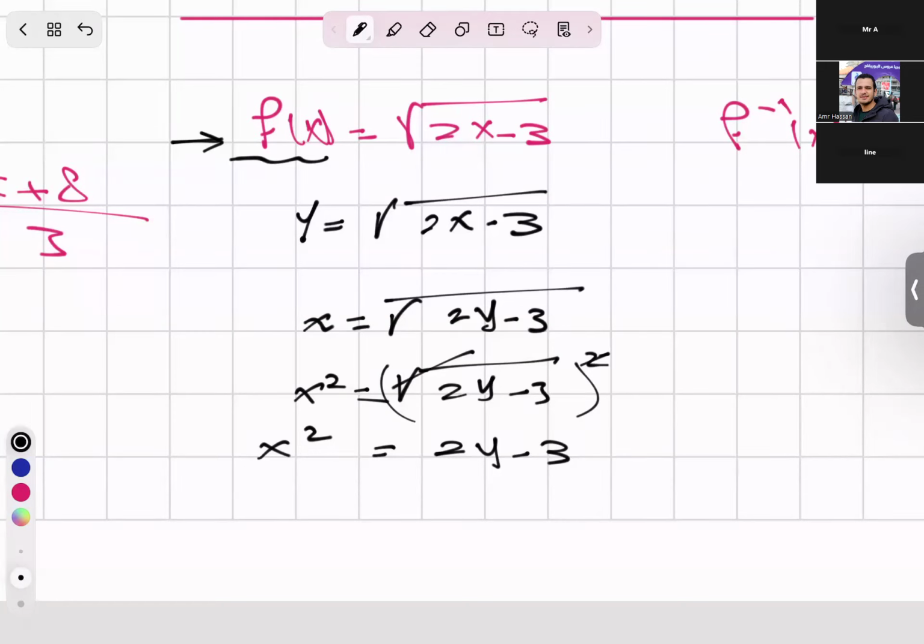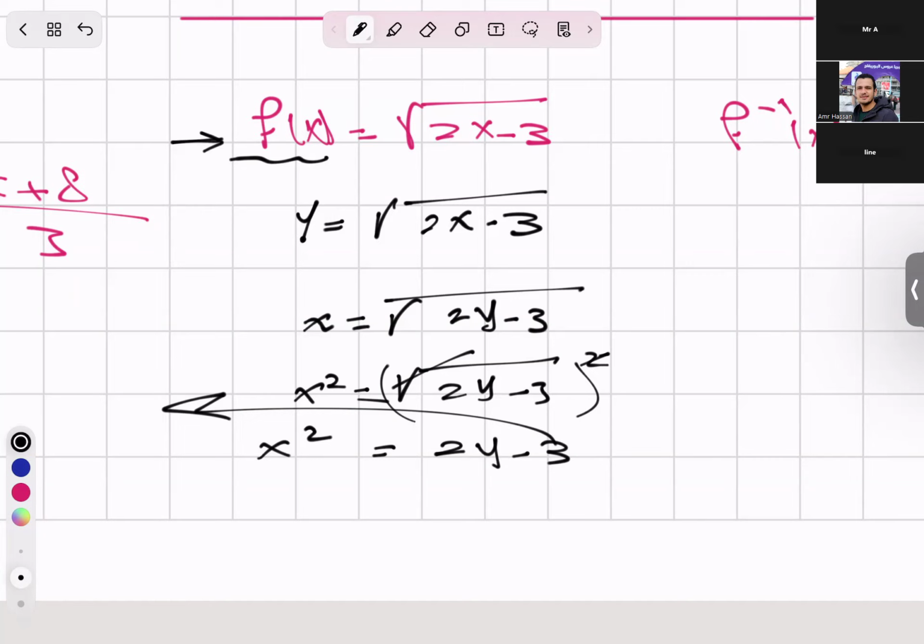So then I need to move negative 3 to the other side. So what do you think? You do x squared minus 3 equals 2y. Wait, hold on. You have just a silly mistake. You're forgetting to change the sign. You told me x squared minus 3.